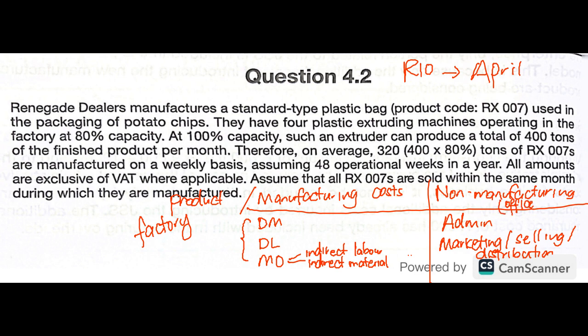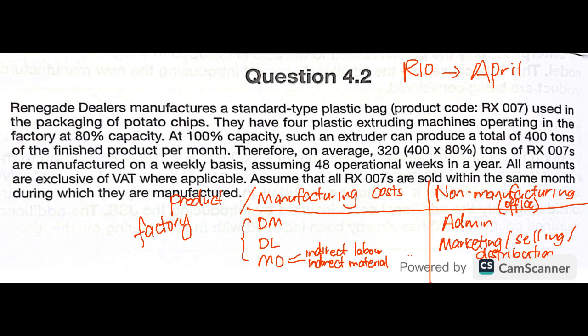There's an office space where your managers, your different departmental heads, like your HR department, your production department, your marketing department, all of the heads of those departments and the admin staff will be sitting in the office administrative side of the business. Only the production takes place in the factory. So any other cost apart from direct material and direct labor would fall into the category of your manufacturing overheads.